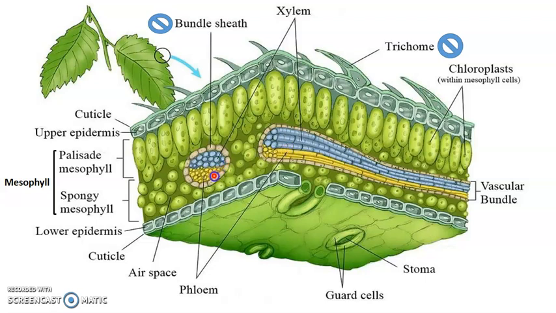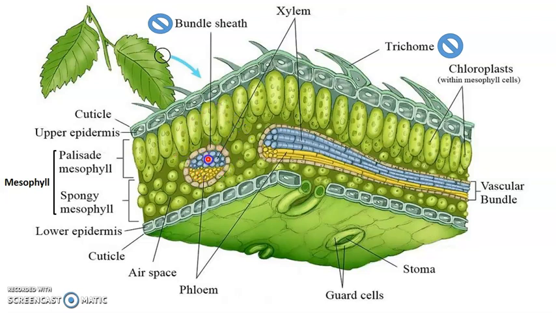So the phloem is going to remove sugars from the leaf that are being produced from photosynthesis, and they'll travel through the leaves back to the stems, to the branches, to the trunk, and to all the other parts of a tree or bush that are not photosynthetic, meaning they're not green. So the branches, the trunk, the roots, etc., where photosynthesis doesn't occur, those cells get fed by sugars produced by the leaves.